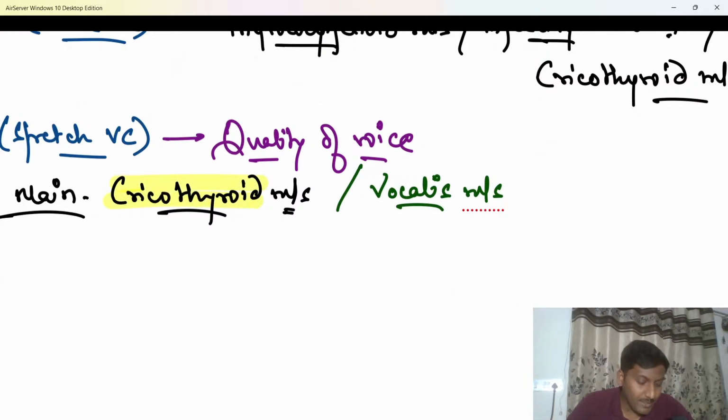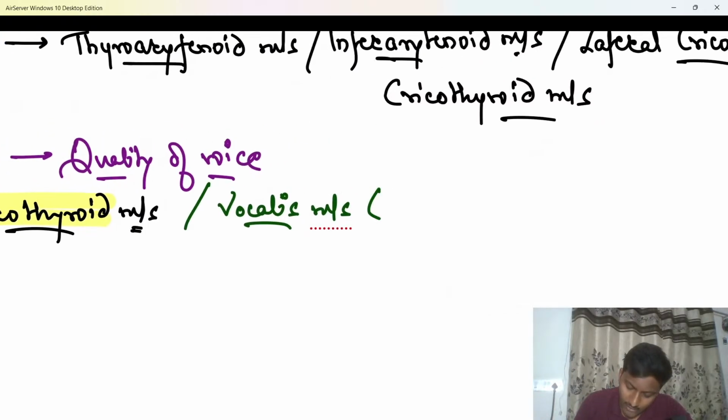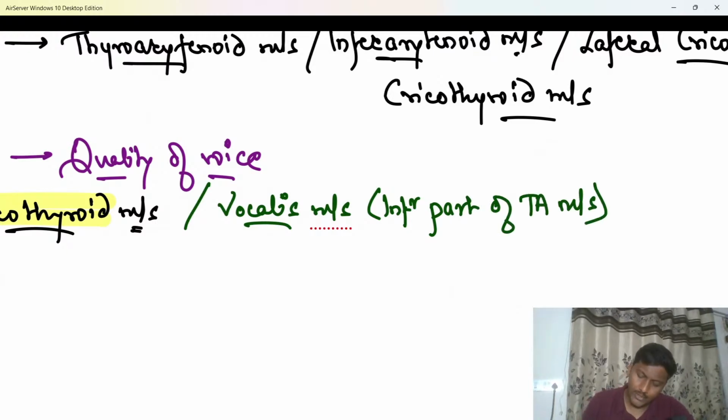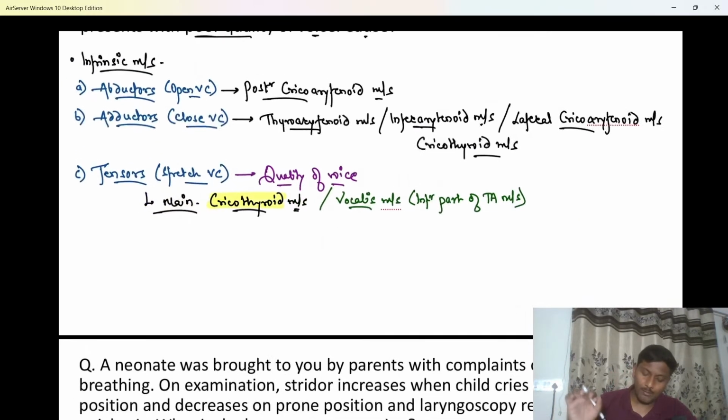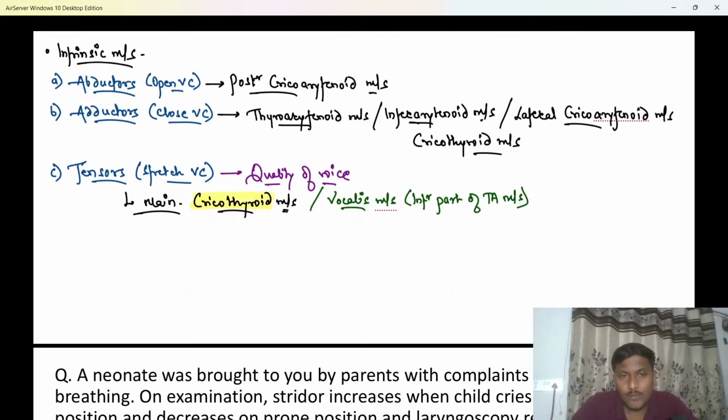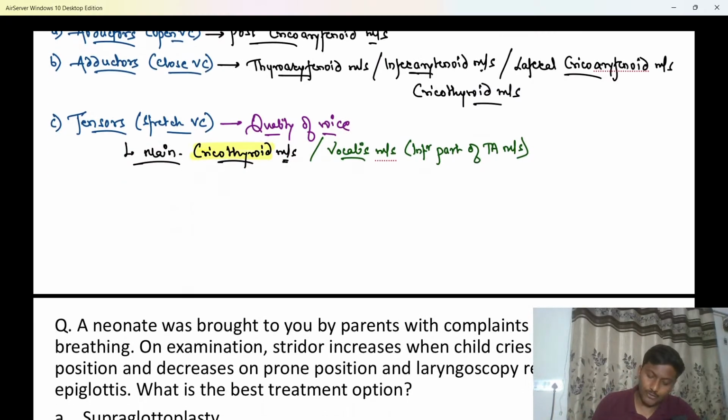And if vocalis is also not in the options, then you have to mark thyroarytenoid. Why? How can I mark thyroarytenoid? Because vocalis is nothing else but the internal part of the thyroarytenoid muscle. Okay, vocalis is nothing else but an internal part of the thyroarytenoid muscle. So the main tensor muscle is always cricothyroid. Not an option, go for vocalis as the answer. Not an option, go for thyroarytenoid as the answer. Got it? So that is important.